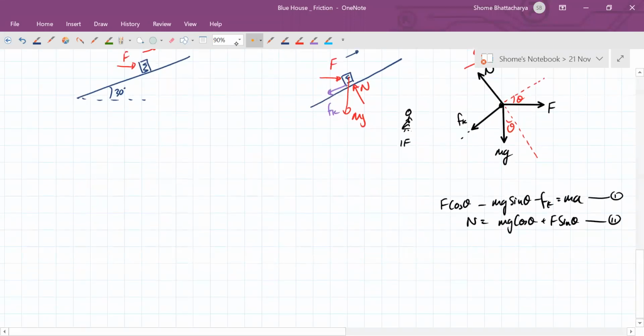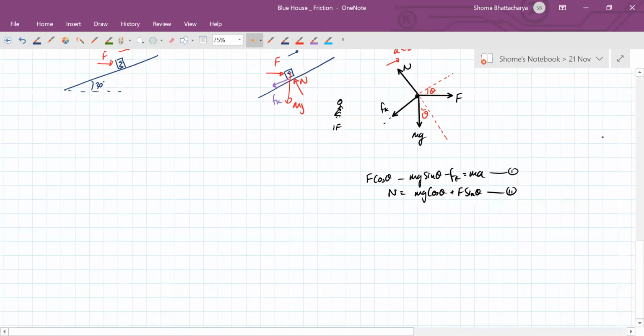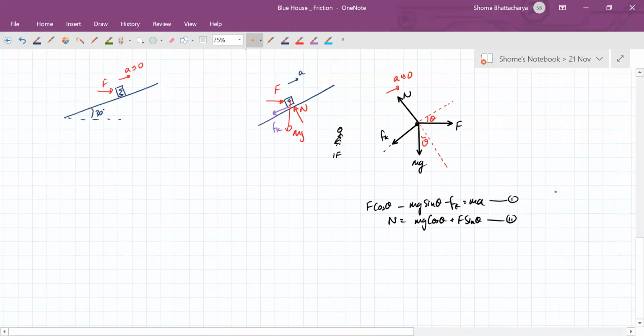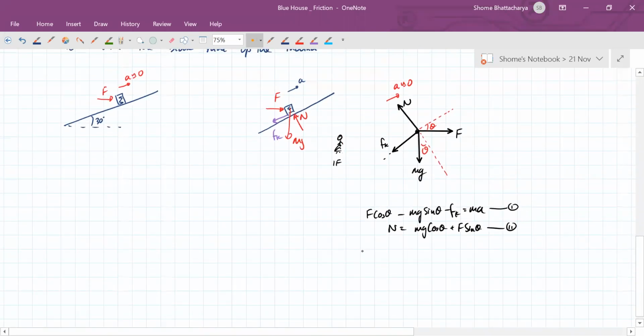Okay. Now the condition for it to start slipping is that the acceleration is greater than or equal to 0. So our limiting condition here becomes like this. So for motion up the incline, we should not be getting a as a negative quantity, we should be getting a as greater than 0.